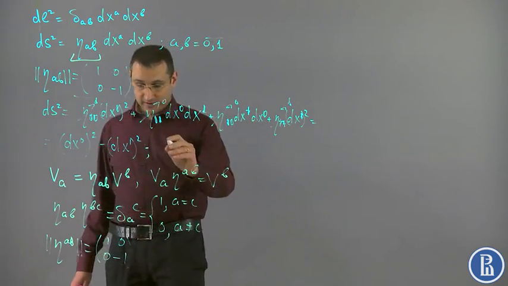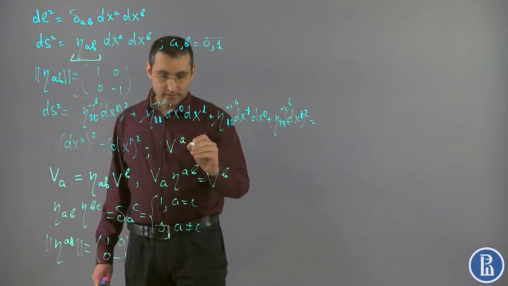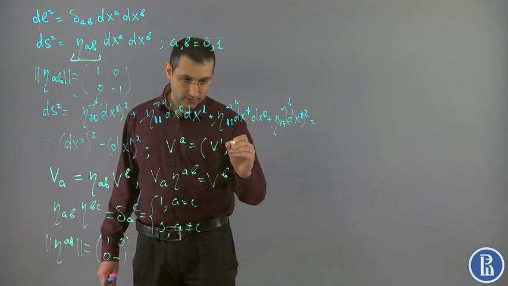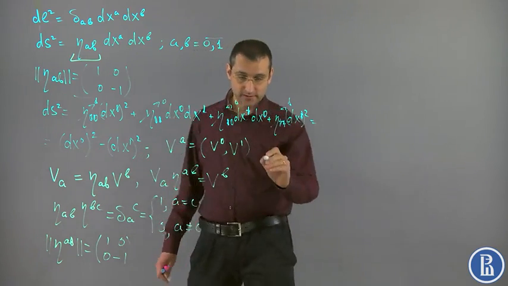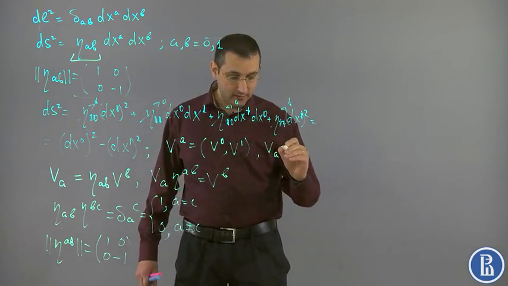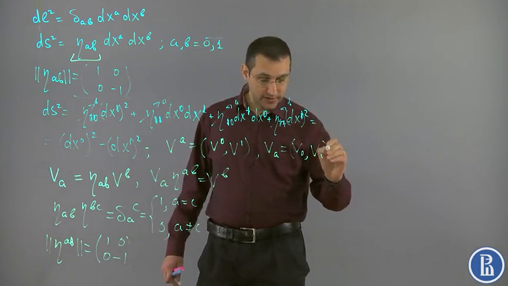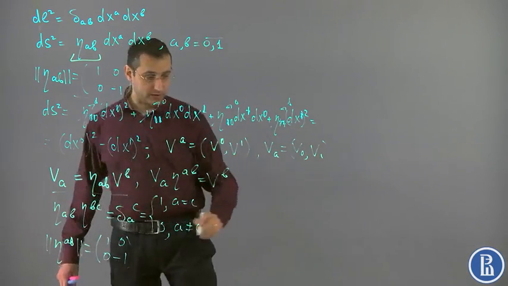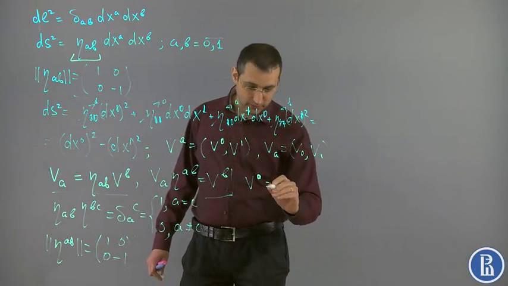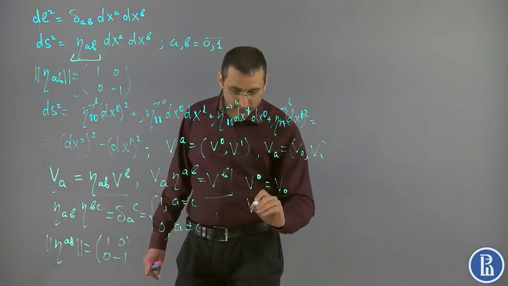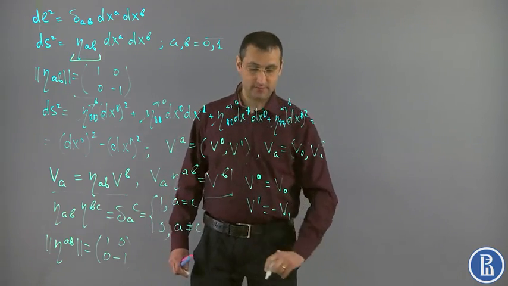For example, if V^A has the components V^0, V^1, and V_A with a lower index has its own components, then using these relations one can straightforwardly see that V_0 is equal to V^0, while V_1 is equal to minus V^1.